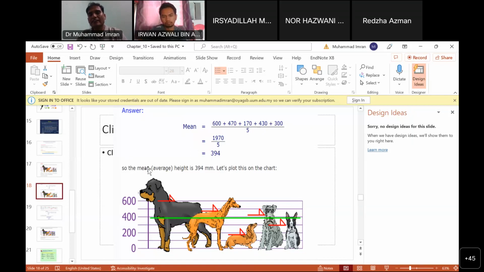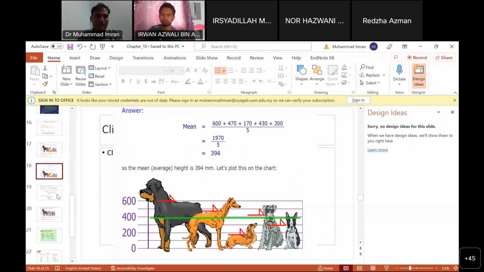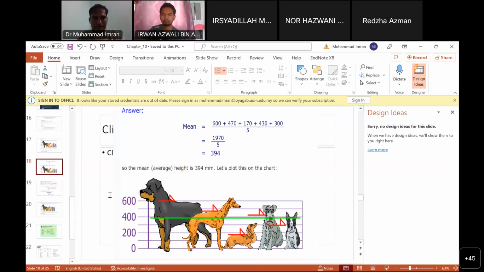We also can see this is the mean line, 394. All the dogs are around 394. Some above, some lower, but around 394.